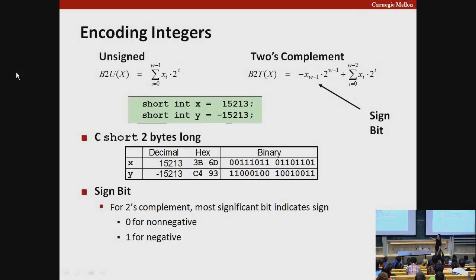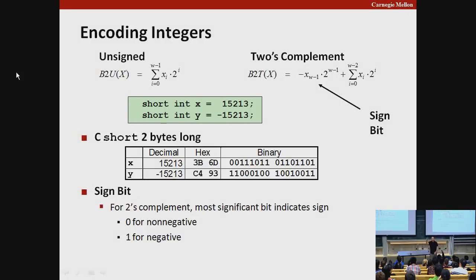If, however, that leftmost bit is 1, it's the most negative number, right? And so we're going to start there and add our way back. So this is going to be 1 times 2 to the w minus 1 times the bit position of that leftmost bit. That's going to give us the most negative number, right?